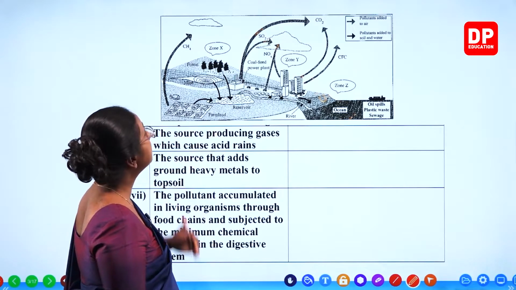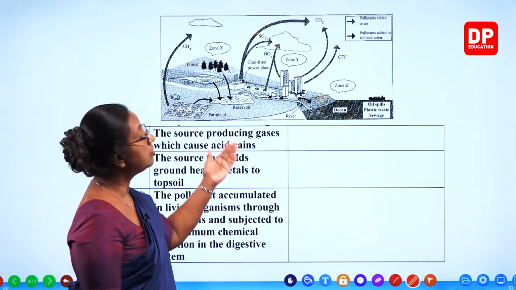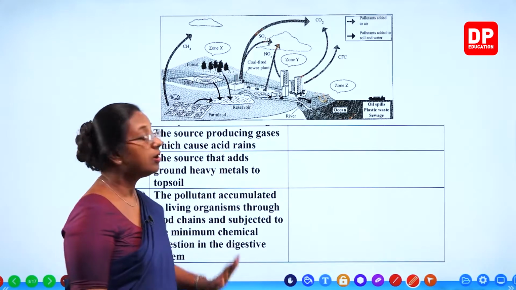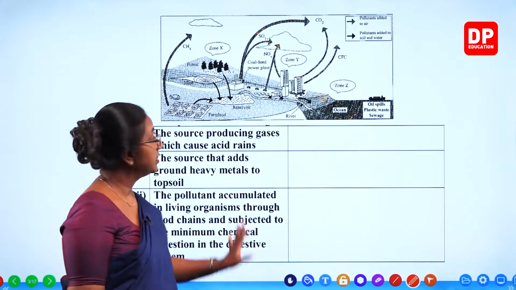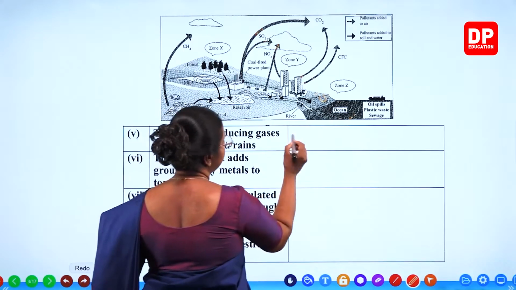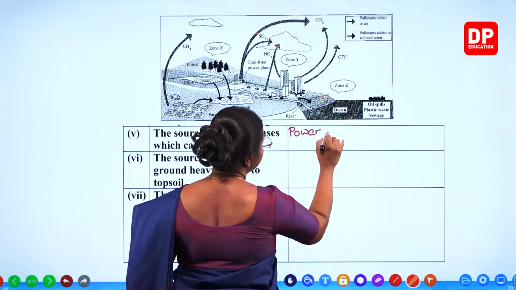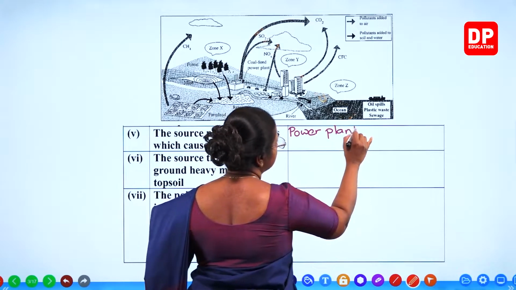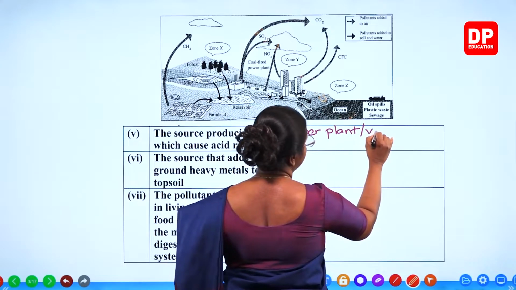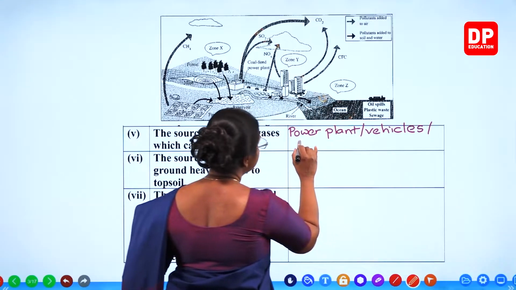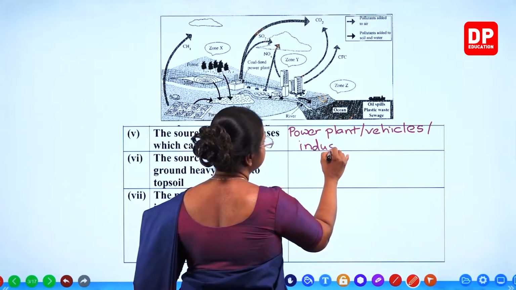Then from different industries, there is carbon dioxide released. So you can write any of those answers. So here what I will do is I will write it as power plant. I will write vehicles. Then there is industries.